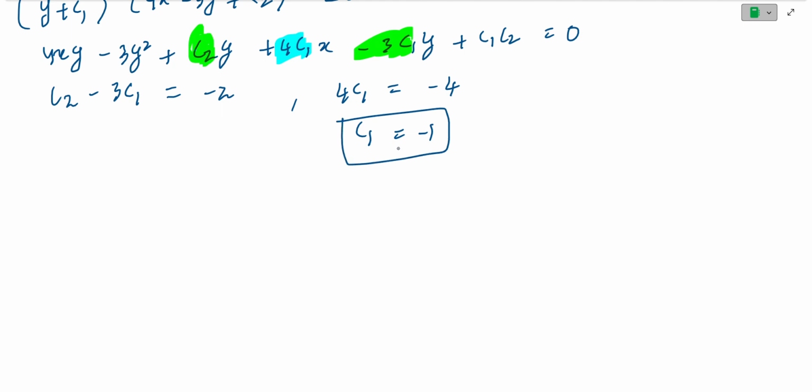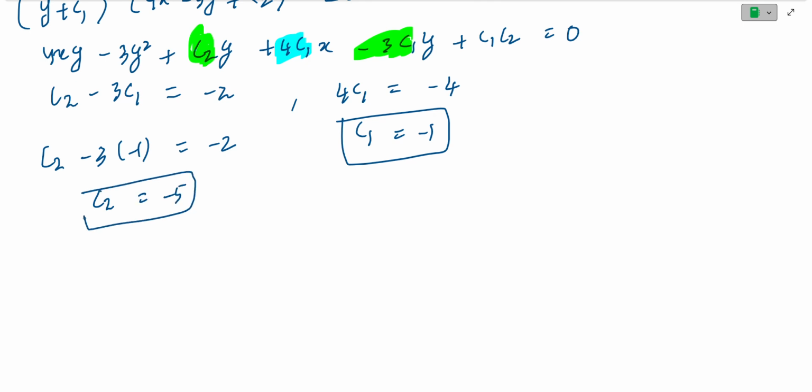Substituting c1 equal to minus 1 into the earlier equation, c2 minus 3 times minus 1 is equal to minus 2. So this will be plus 3. Transposing plus 3 to the right hand side, we get minus 3. Minus 3 minus 2 is minus 5. So the c2 value is equal to minus 5.